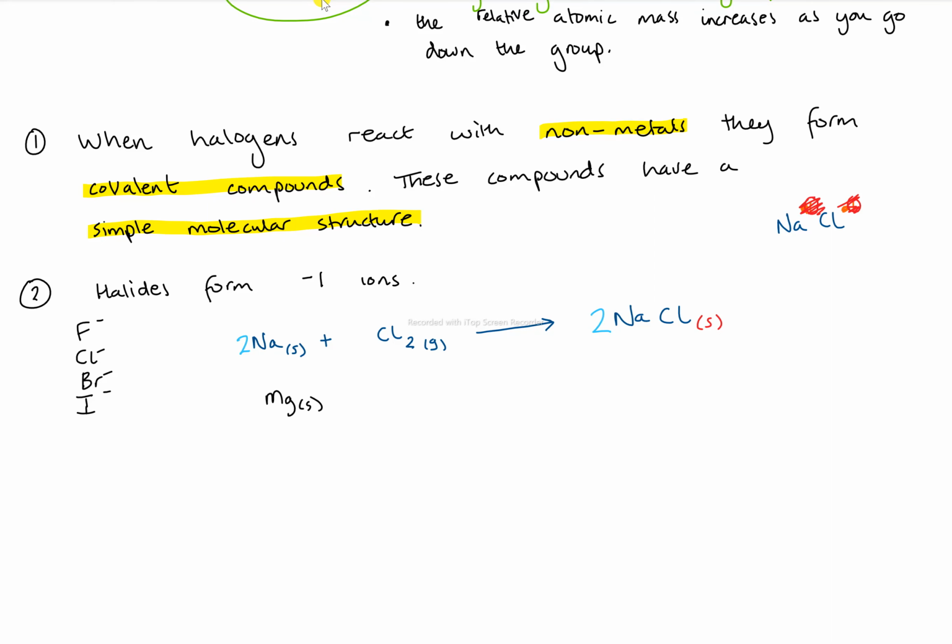What would happen if I did magnesium metal plus fluorine, to make magnesium fluoride? So I go to the side, put magnesium there, fluorine there. Magnesium is in group 2, so it forms a 2+ ion.